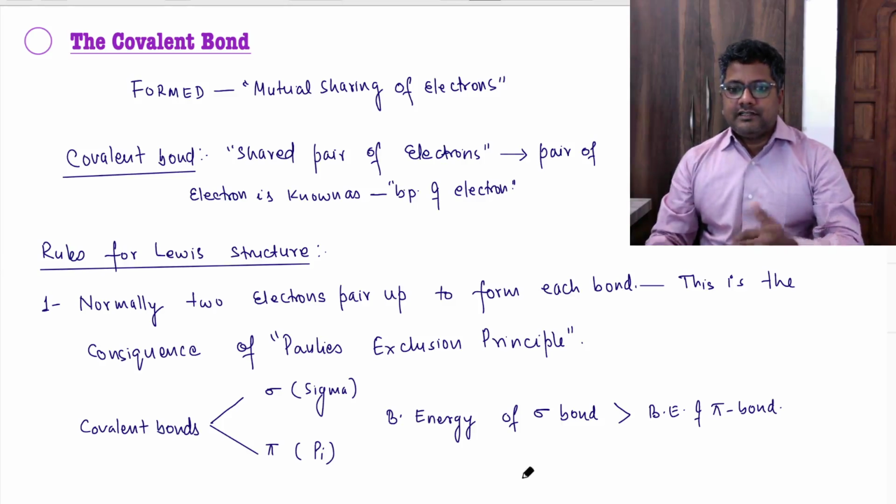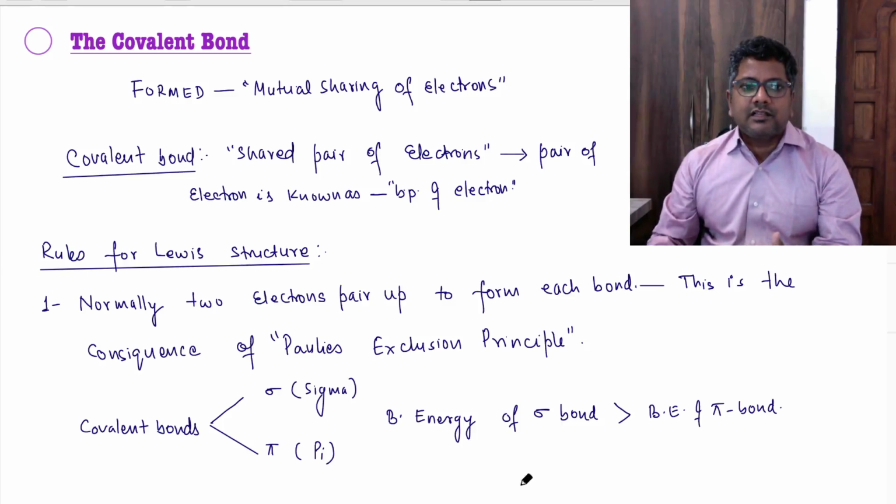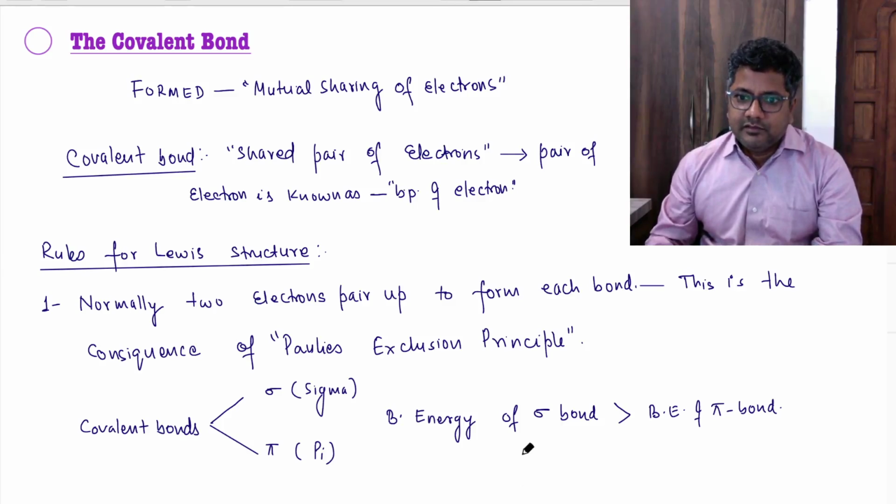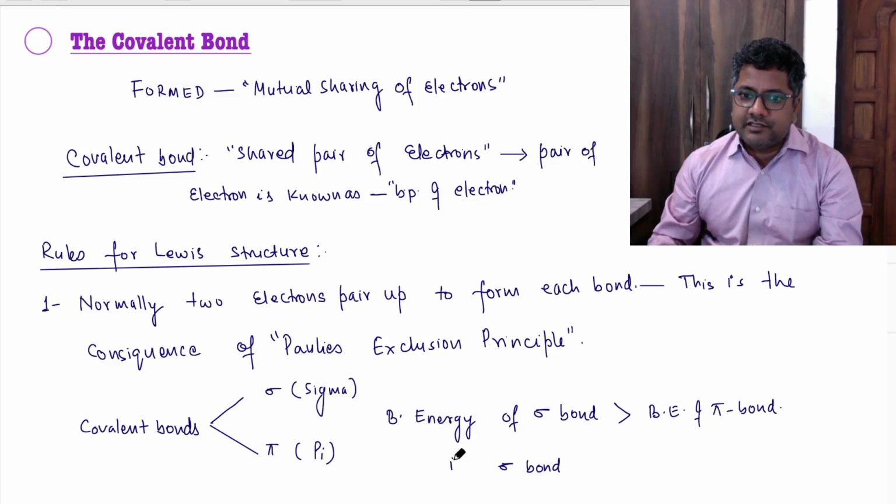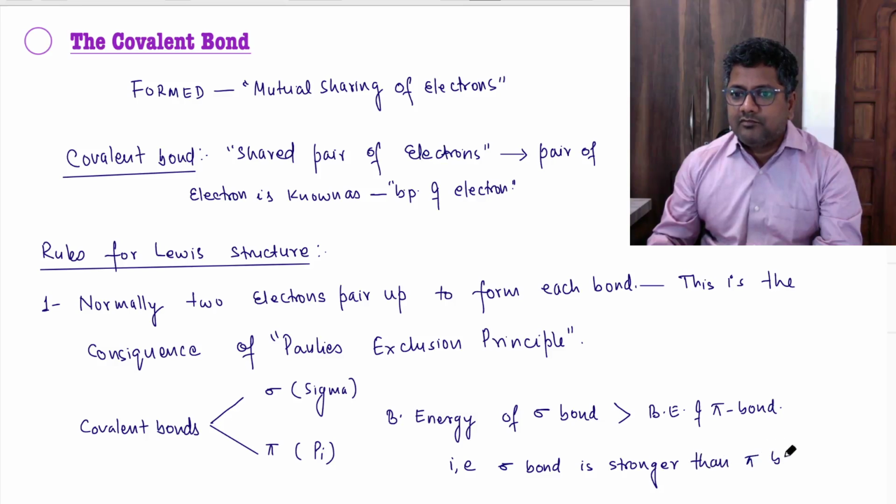So you can say that sigma bonds are stronger than pi bonds. That is, the consequence of this is that sigma bond is stronger than pi bond, right?